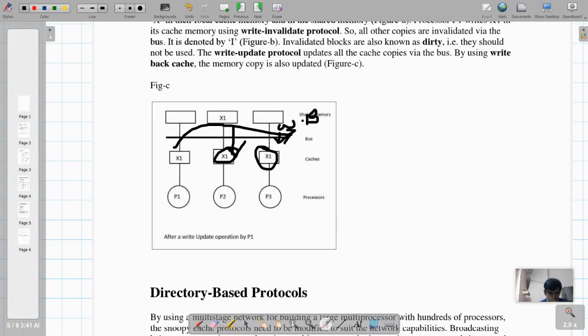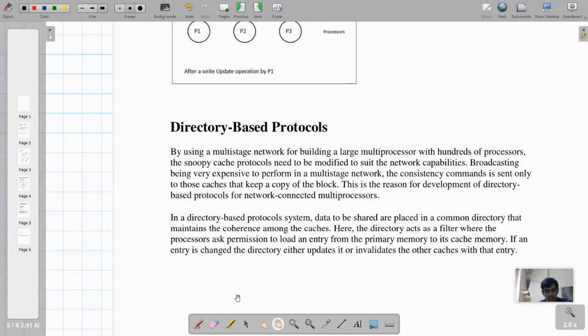To compensate for the bandwidth requirement, another protocol has been proposed, which is the directory-based protocol. Just look at the statement, and here is the justification behind using the directory-based protocol over the Snoopy bus protocol: by using a multi-stage network for building a large multiprocessor with hundreds of processors. Now, the assumption is that you don't have three or four processors in your multiprocessor architecture.